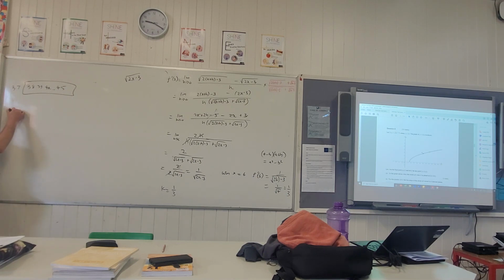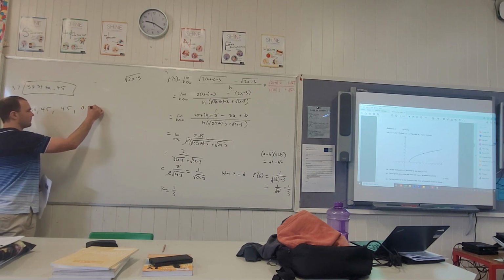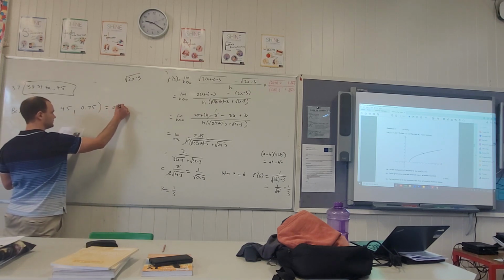And so this is a BCD calculation, right? Lower boundary 38, upper boundary 45, n is 45, and the probability of them wearing a mask is 0.75. So we evaluate that, we get 0.09.